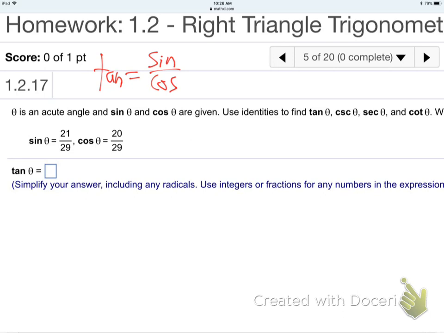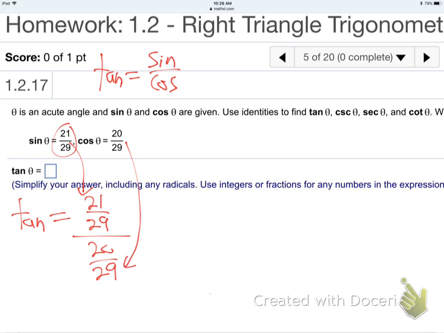So tangent will be sine, 21/29, over cosine, 20/29.